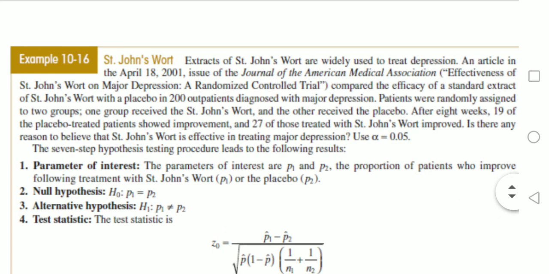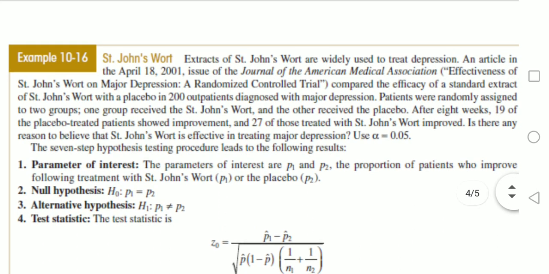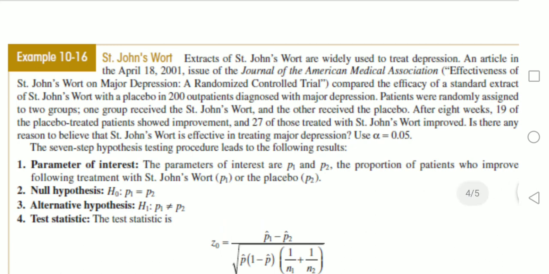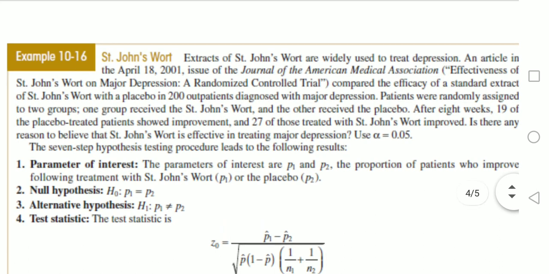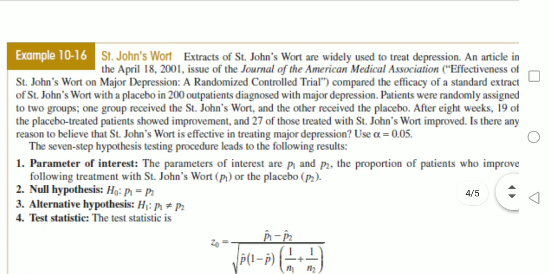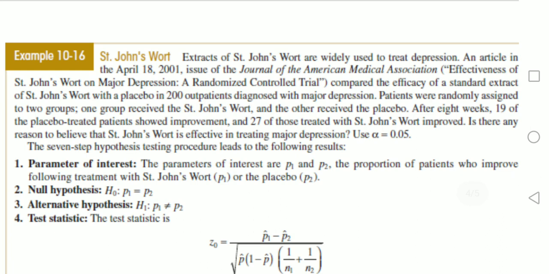The very important sentence: patients were randomly assigned to 2 groups. One group received the treatment named St. John's wort, and the other received a placebo. So we have 19 of the placebo-treated patients showed improvement, and 27 of those treated with St. John's wort improved.